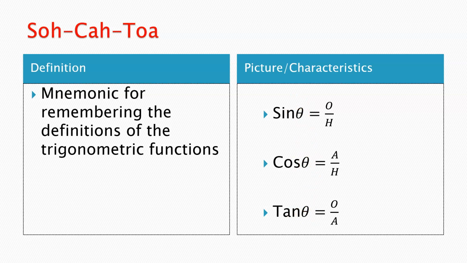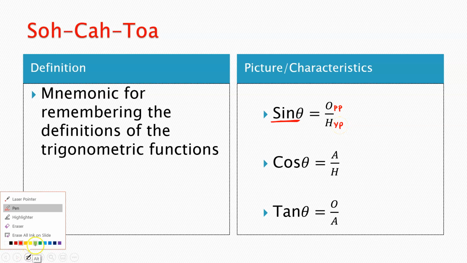But what do these trigonometric functions refer to? What is the relationship for sine? Sine is opposite. That O stands for opposite over H, which is your hypotenuse. All right, great. What is the relationship for cosine?